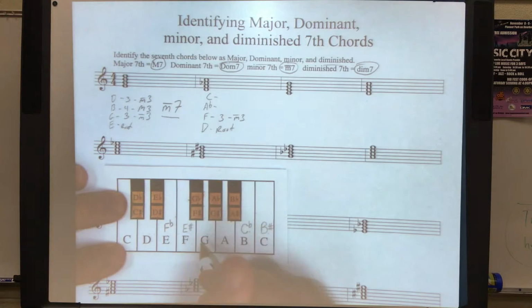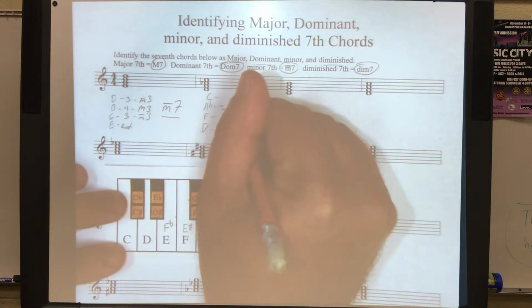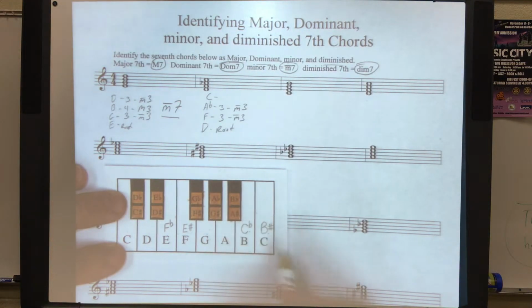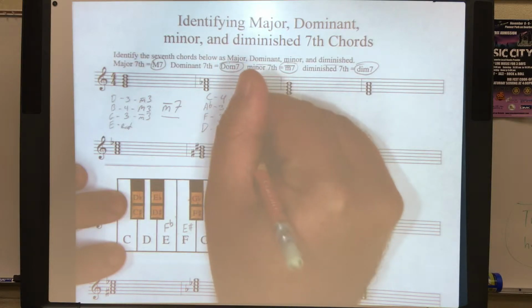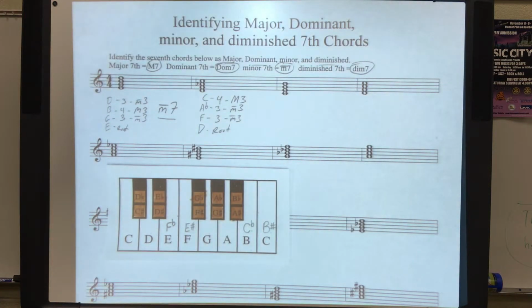F to A flat, 1, 2, 3, another 3 half steps, also a minor third. A flat to C, 1, 2, 3, 4 half steps, that's a major third. So we've got root, minor third, major third.